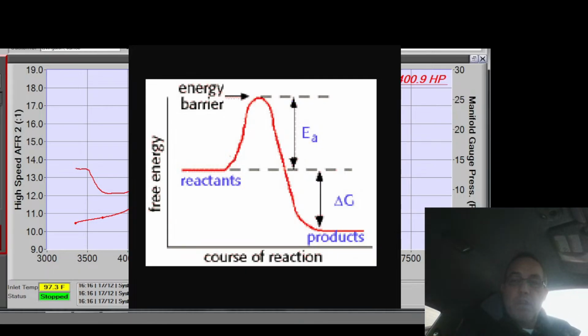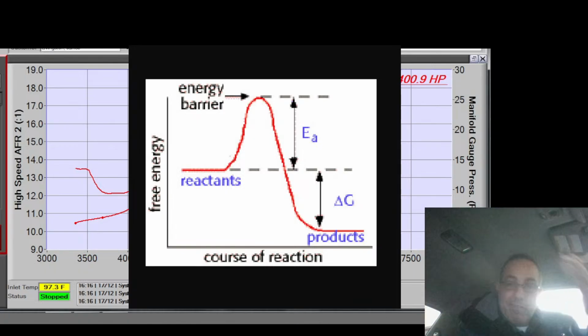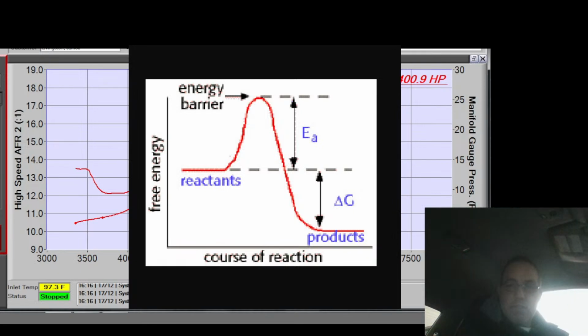So the hotter plug helps to keep that area from being covered in liquid, essentially, I guess the best way to say it, right? You get a more homogenized mixture.